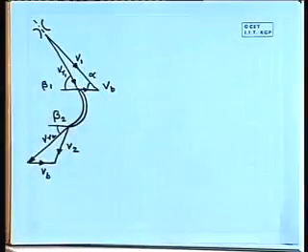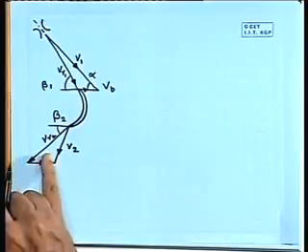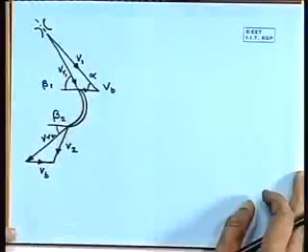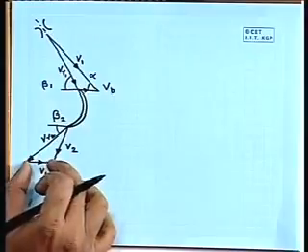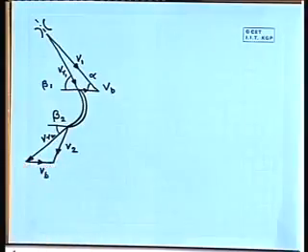The top triangle is known as the inlet velocity triangle, and the triangle at the bottom is known as the exit velocity triangle or outlet velocity triangle. Now, these two triangles can be superimposed over one another because they have a common component, that is Vb, and if we do that, then other analysis will follow from that combined velocity diagram.